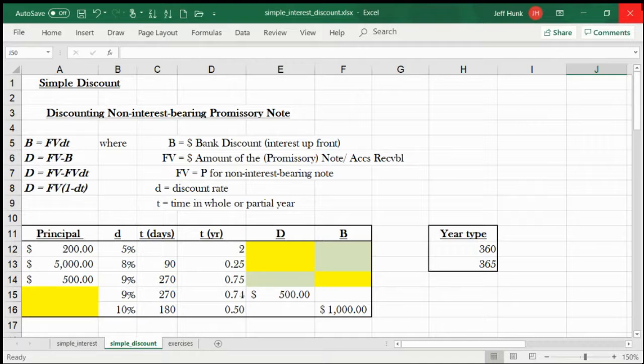Now, actually, the reason we have been talking about simple interest in the previous videos is to serve as the foundation for simple discount. Because if you remember, I said simple interest rate is not used in the capital market.